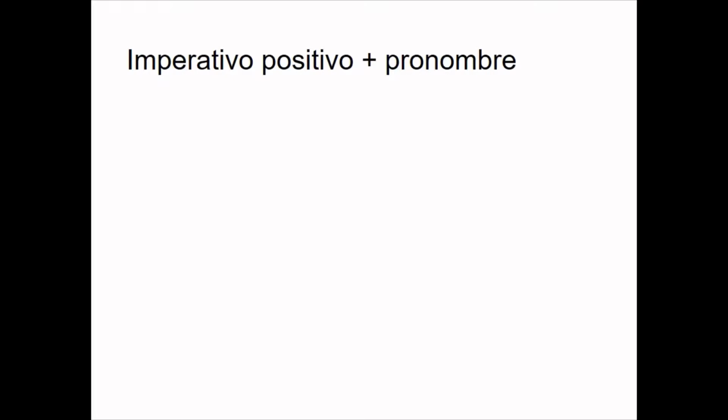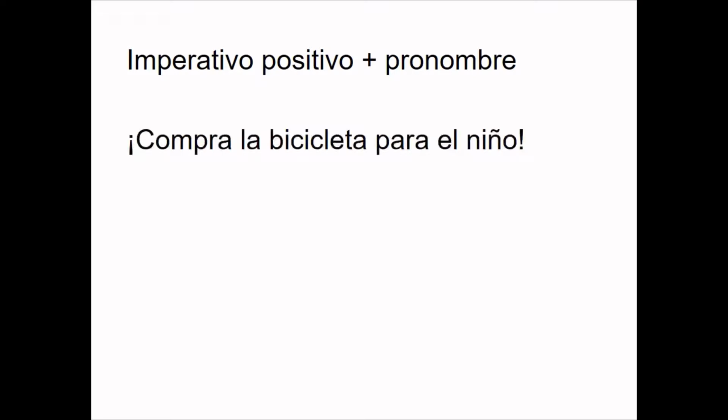The third exception is with the positive imperative. In this case, there is only one option. The pronouns are placed after the verb to form a single word. For example, compra la bicicleta para el niño. Compra is the imperative for tú.